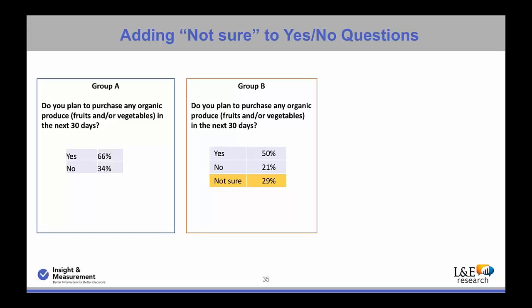And notice almost 30% of the people said not sure. In the world of writing any kind of questions, it's important for everybody's answer choice to be available. And not sure is a very reasonable option. If I ask you guys, do you plan to travel by air in the next 30 days? Some of you are going to say not sure.